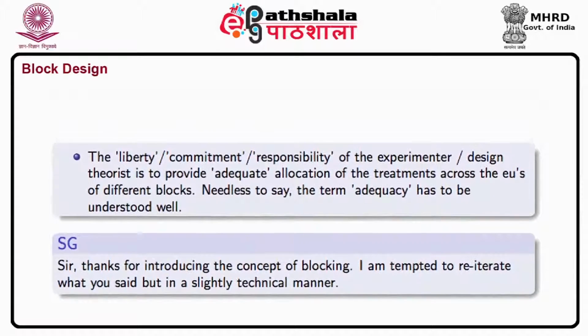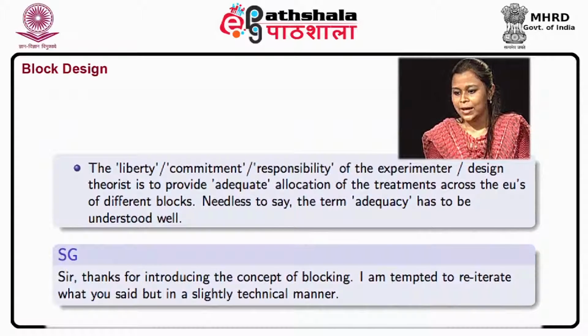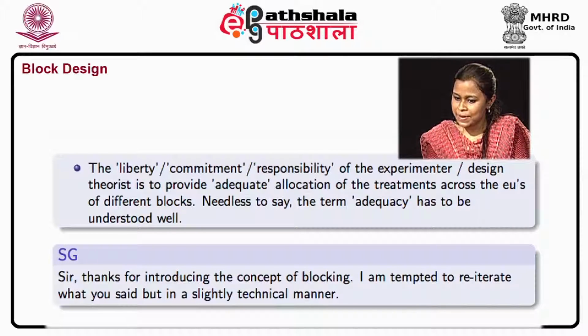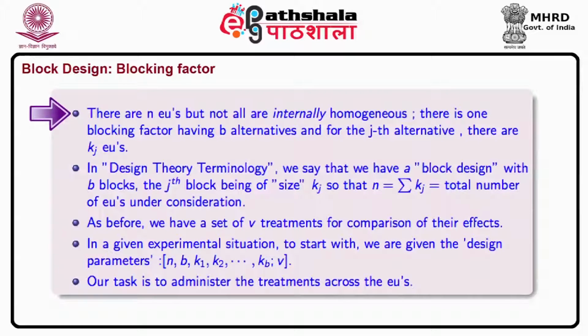Sir, thanks for introducing the concept of blocking. I am tempted to reiterate what you said, but in a slightly technical manner. There are n experimental units, but not all are internally homogeneous. There is one blocking factor having B alternatives, and for the jth alternative, there are kj experimental units.